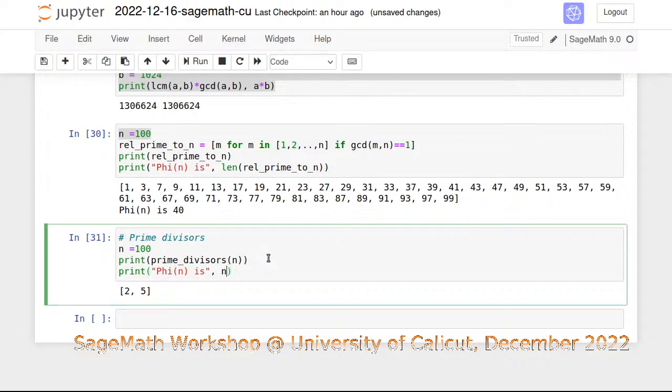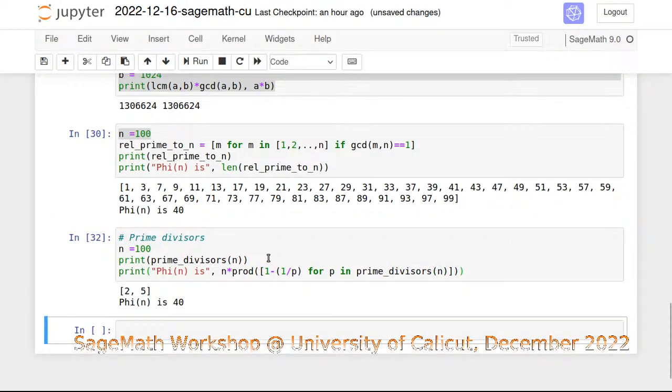So n star product of the list of all 1 minus 1 by p. Maybe a bracket we can put, for p in prime divisors of n. That's it.